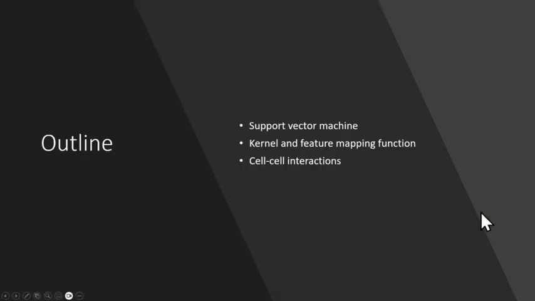So we will start with a support vector machine. SVM is a widely used linear algebra classification technique. And then to apply SVM, normally you have to use the kernel or feature mapping functions to transform your data.